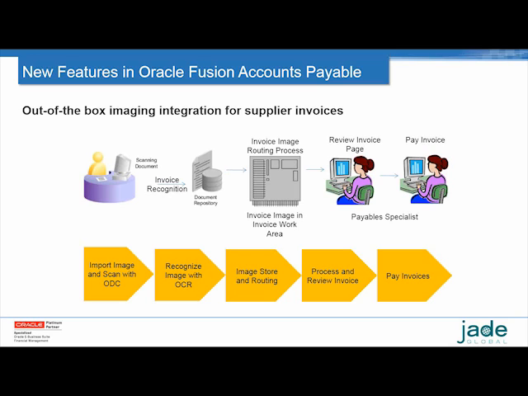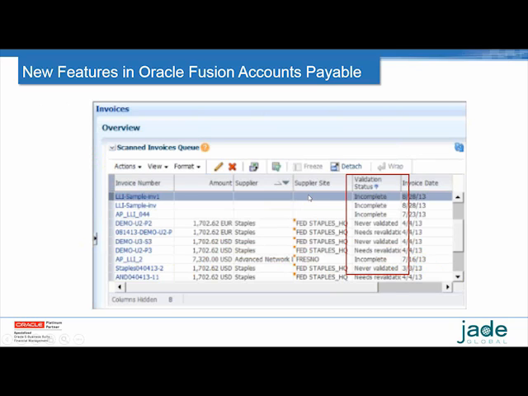So the scanned invoices are routed to the AP users to review and submit the invoices for approval, if the approval process is enabled in your payables system. This is the screen that shows the scanned invoice queue, where all the invoices with the invoice information and supplier information show the validation status as incomplete or never validated.